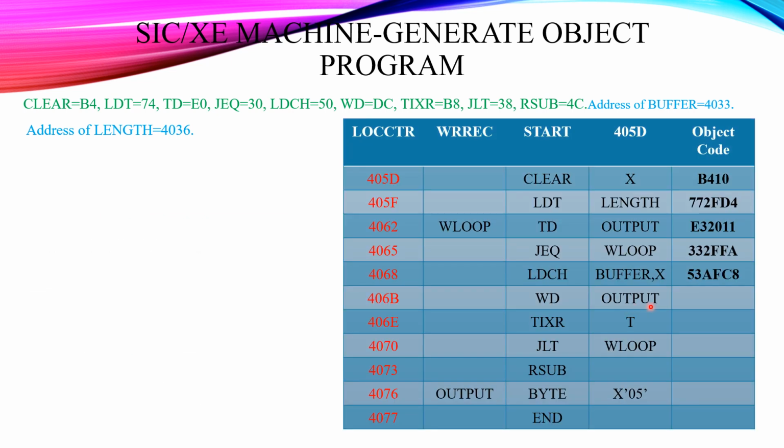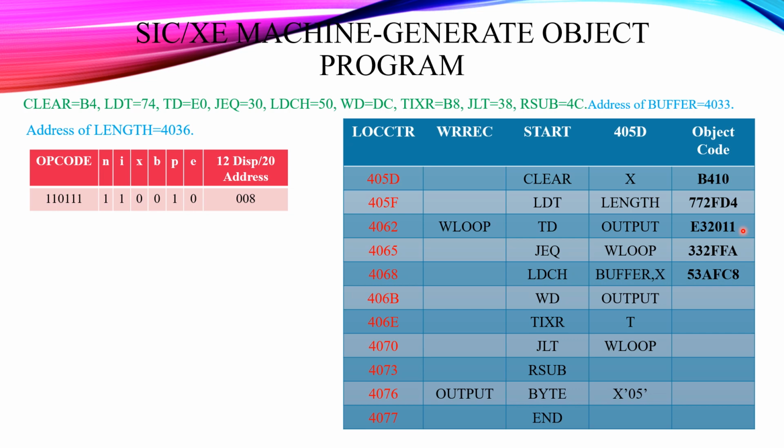And the next instruction is output. It is also a format 3, where the instruction is WD, which is given as DC. We have to write it in binary form. So the DC value will be 1101100. It is an opcode, and it is a format 3, so 6 bits. We have to write only 6 bits. We are not using any indirect or hash symbols, so the N and I values will be 1.